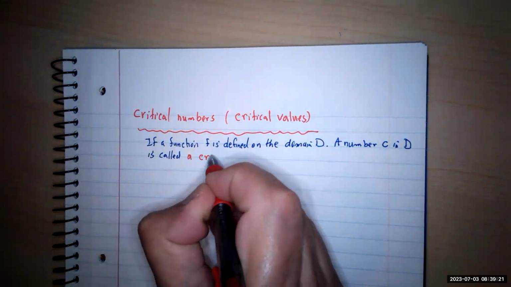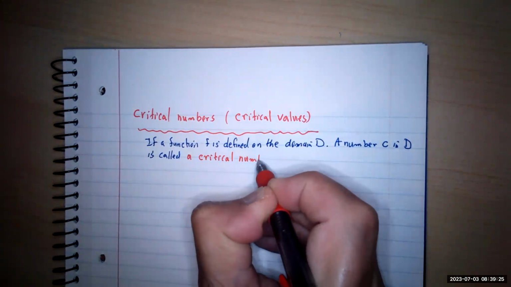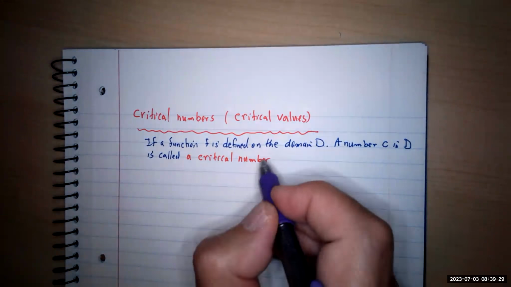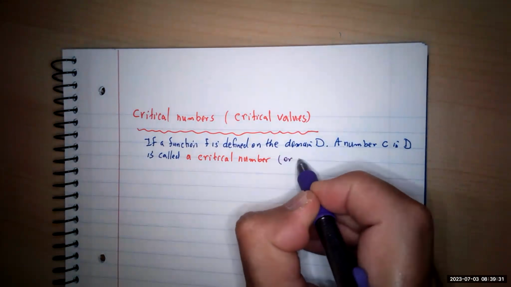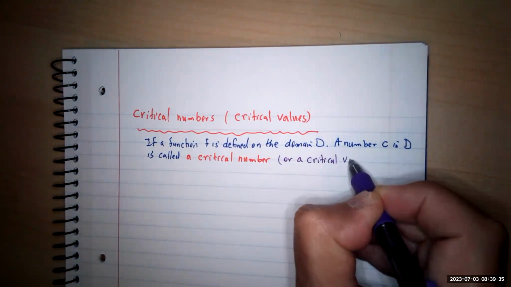A critical number, or critical value, whichever you like, depending on the book that you're going to use.